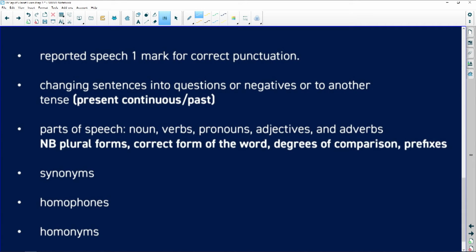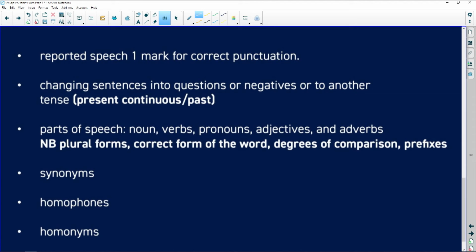Then practice changing sentences into questions, or giving the negative form of the question, or changing the tense. So rewrite the sentence in the present continuous tense. Rewrite the sentence in the simple past tense. You must know what it is. Then go over your parts of speech.